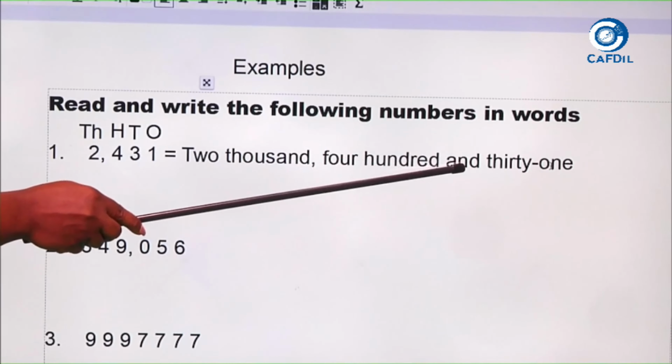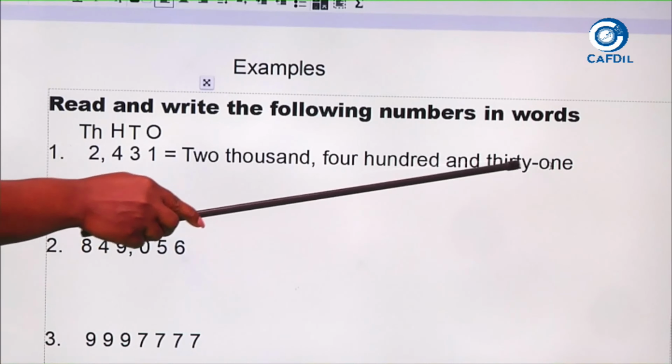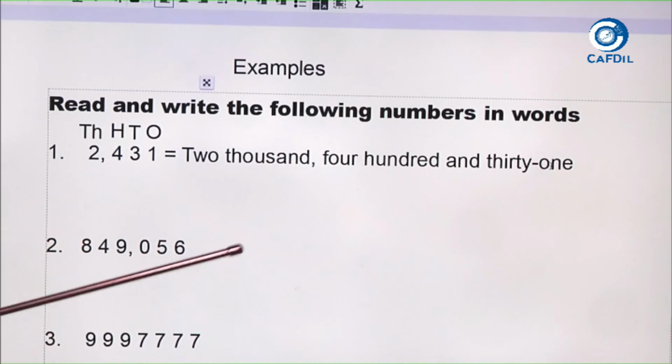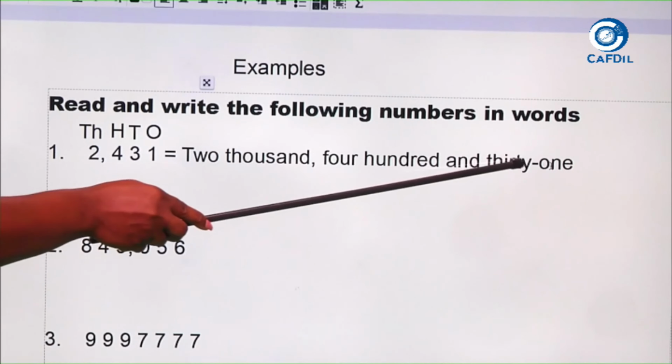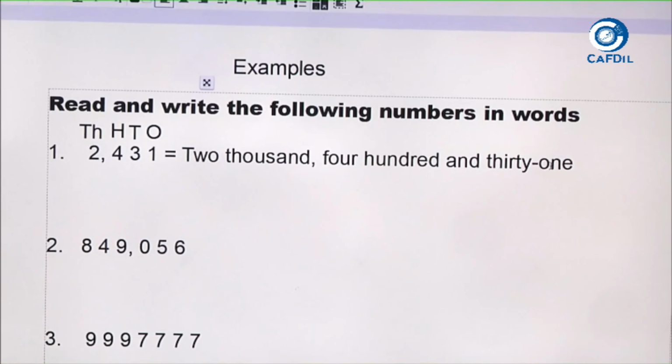We have it here. And then 31, put a hyphen between any word ending in Y and the following. So 31, we have our hyphen over here. This is how we read and write numbers.